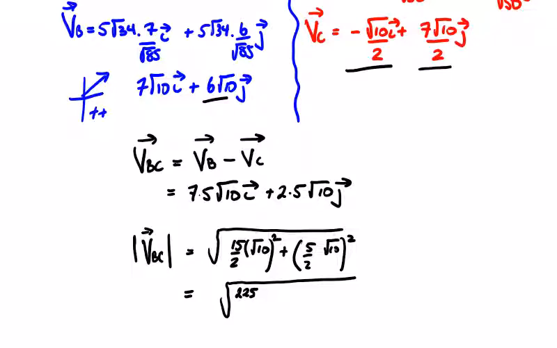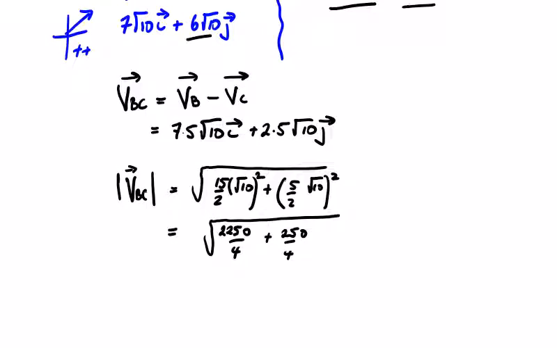So it'll be 2250 over 4 plus 25 over 4, and the 10 will add on a 0. So that's the square root of 2500 over 4, which is the square root of 2500 over the square root of 4, which is 50 over 2, which is 25. That's what we were asked to show.